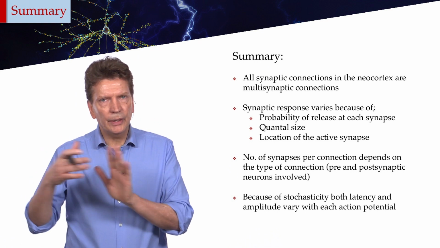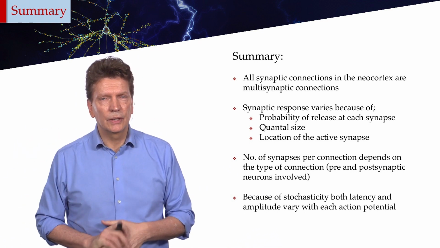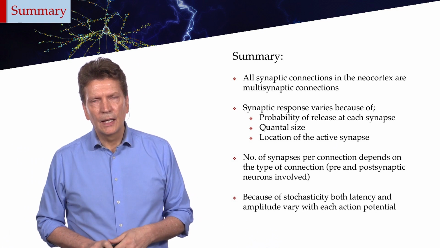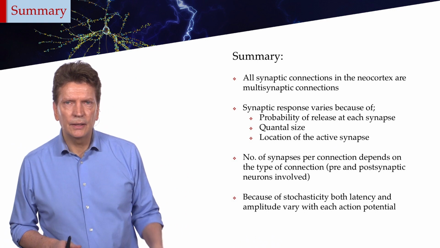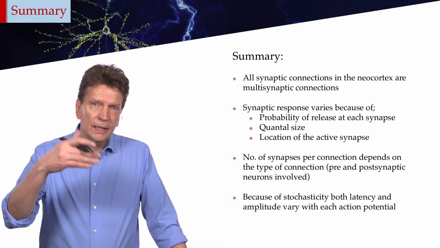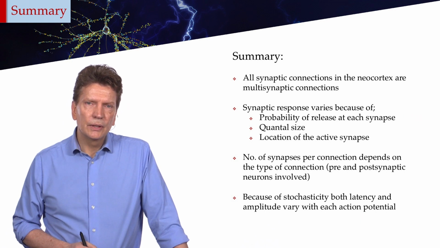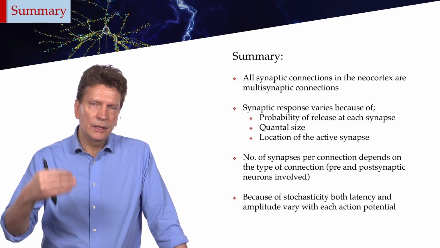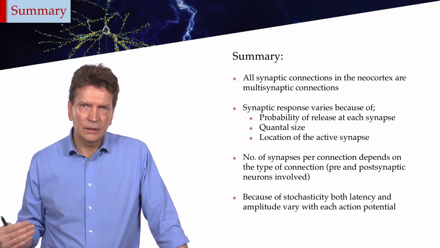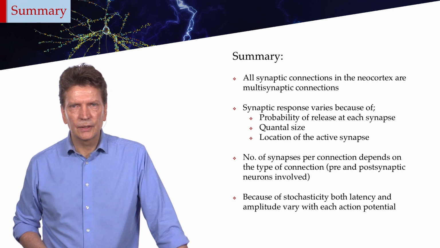And so every pair actually has its own range of numbers of synapses. And then lastly, because of stochasticity, both the latency and the amplitude vary with the action potential. One has to bear in mind that there's really a very noisy signal being transmitted from one neuron to another. Okay, that's it for this lecture.